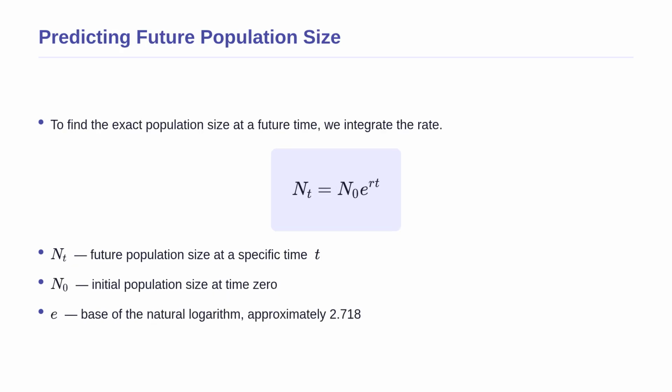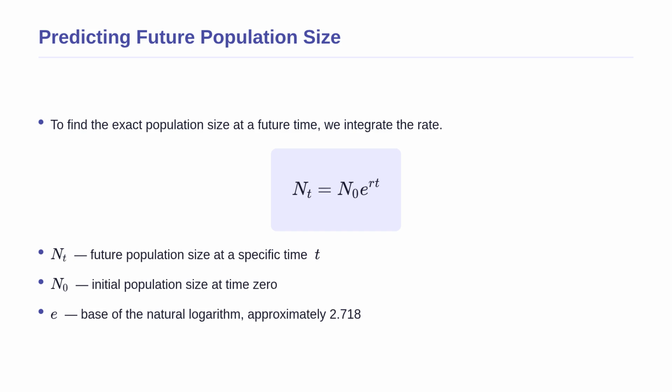This formula we just saw leads us to an important question. How do we find the exact population size at a specific point in the future? While the previous equation tells us the speed of growth, we must use its integrated form to predict future numbers. In this powerful formula, N sub t represents the future population size.